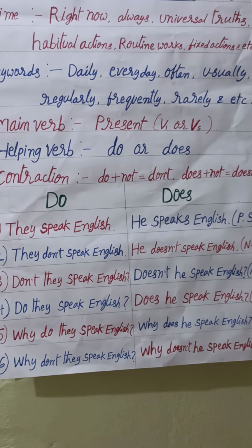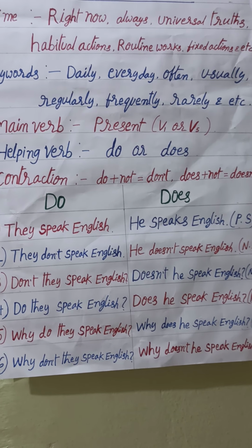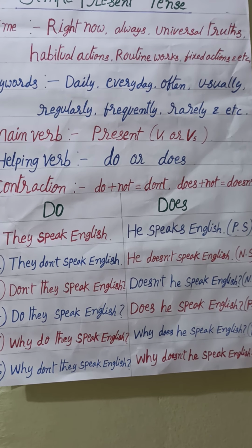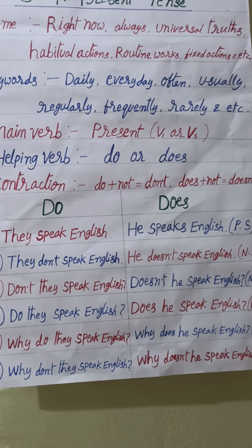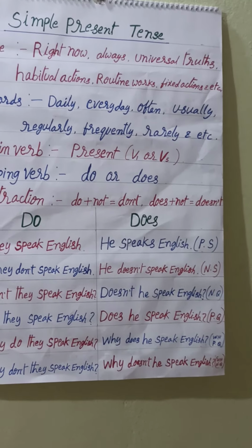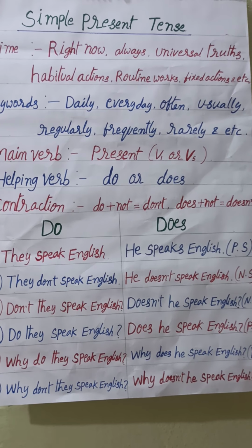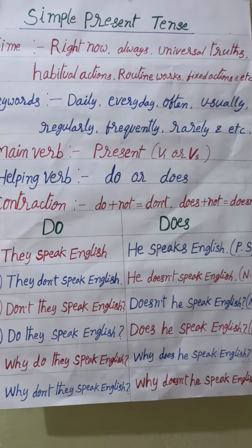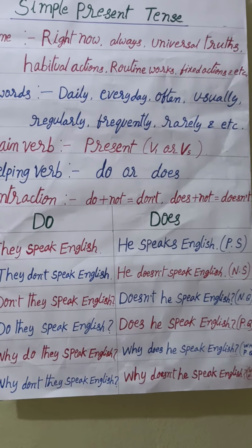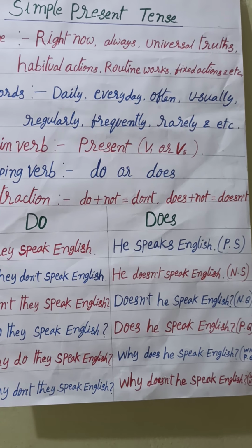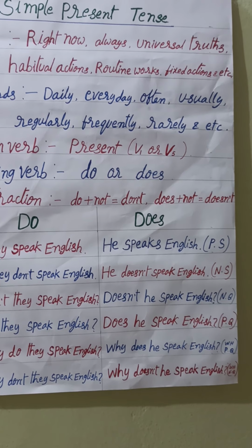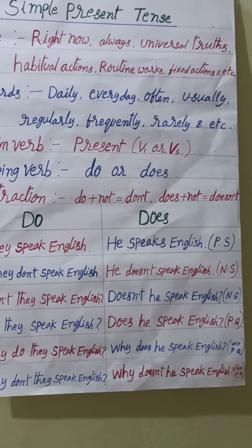We learned about helping verbs in lecture 4th. Contraction or short form. Do plus not is equal to don't. Does plus not is equal to doesn't.